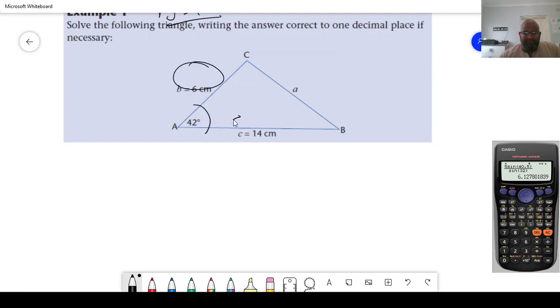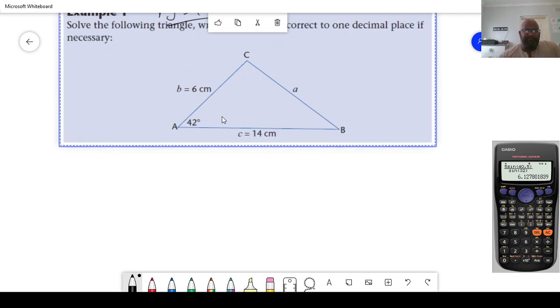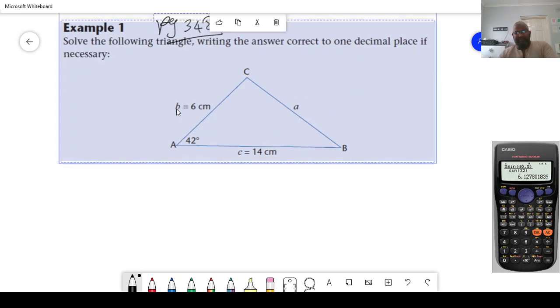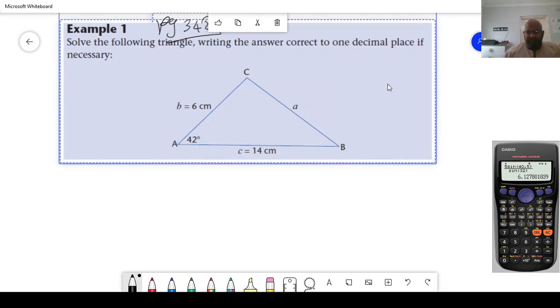So I said earlier on, if you're given two lengths and an included angle, you're going to use the cos rule. So according to this triangle ABC, I'm going to calculate a. Remember, when you're going to calculate a, we must know that angle there, which we do know in this case. Okay, so let me just move this up a bit.